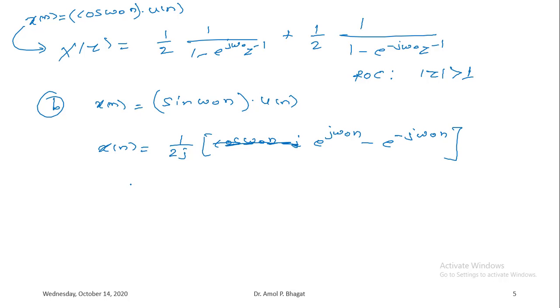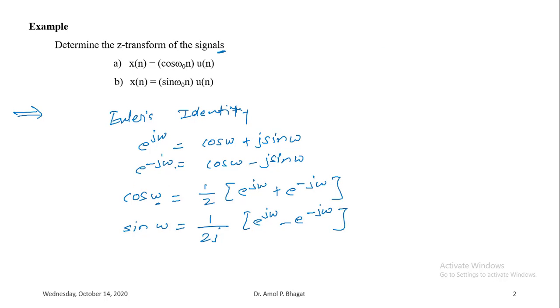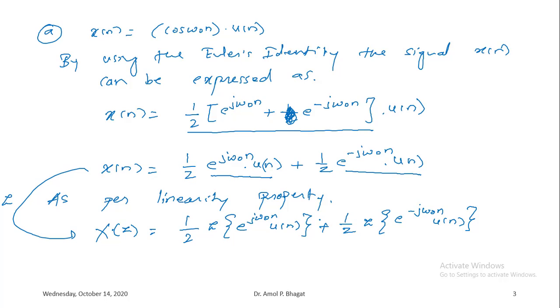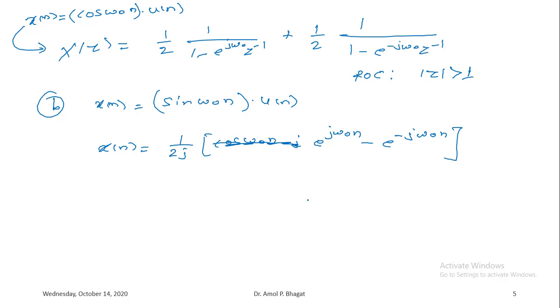Okay, by saying this as per this Euler's identity, sin omega is 1 upon 2j (e to the power j omega minus e to the power minus j omega). In place of omega there is omega 0 n, so it will be e to the power j omega 0 n minus e to the power minus j omega 0 n. Okay, and this u of n will be as it is, right.